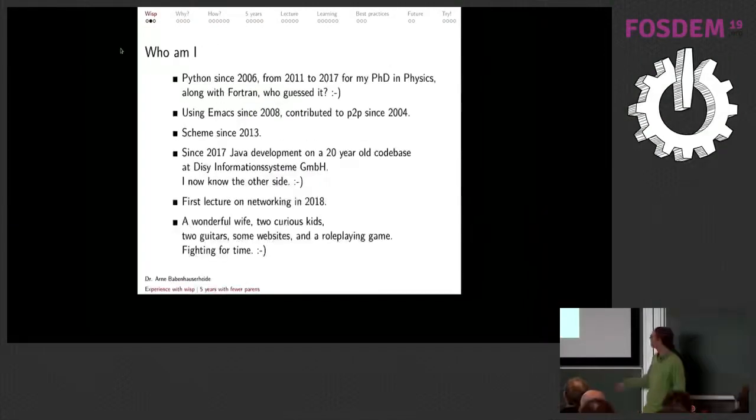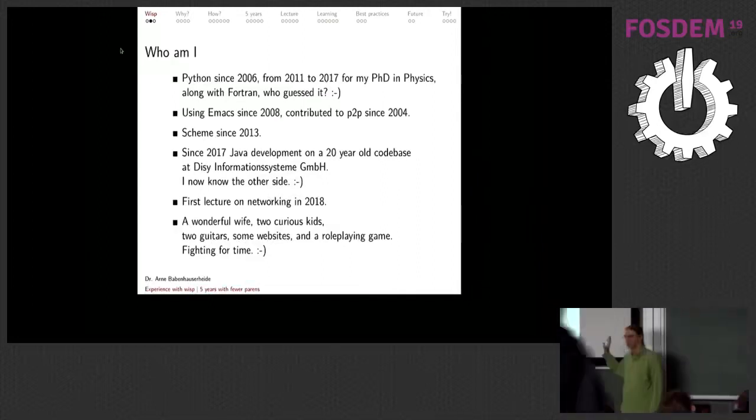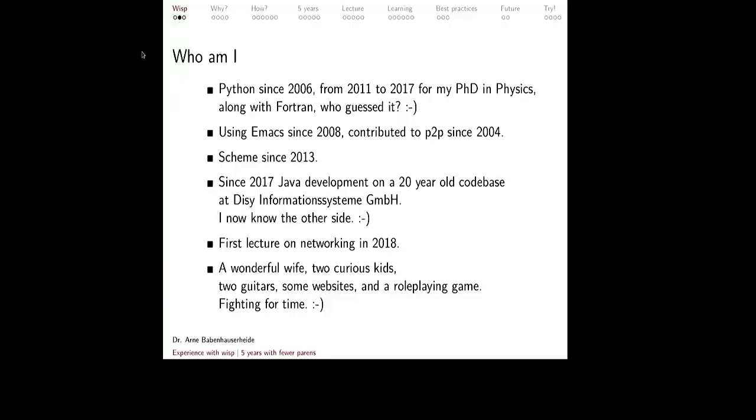So, short about me, I won't talk about everything which is there. I started programming only in 2006 with Python and used that for 6 years in the PhD almost exclusively. But in 2013, I started going into Scheme because I realized that I'm hitting limits of Python. And I saw that in Scheme I can actually go further into how programming can be, and not just using things other people do or just having to go deep into the compiler.